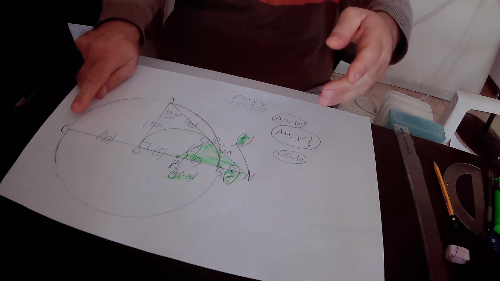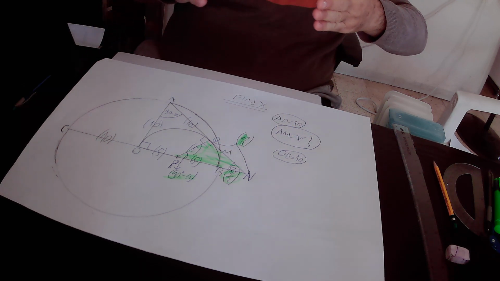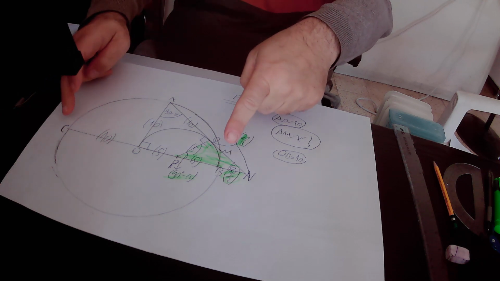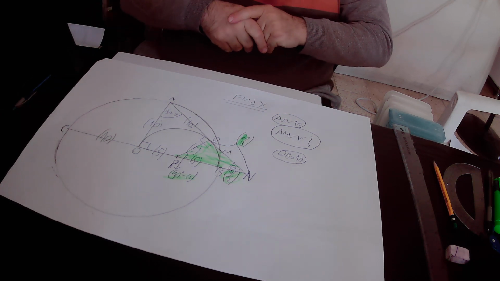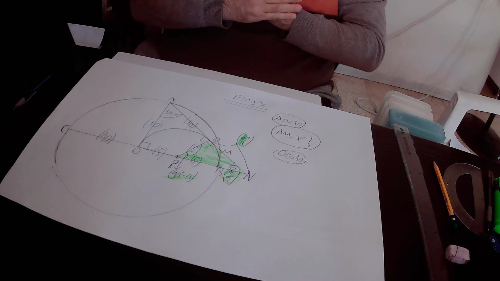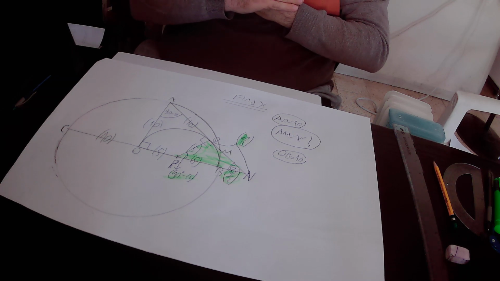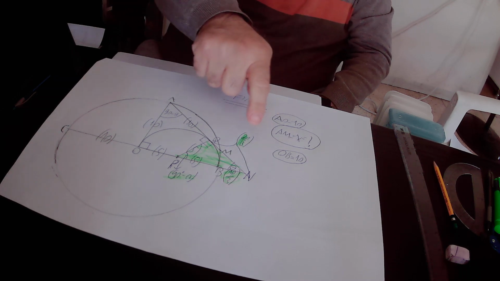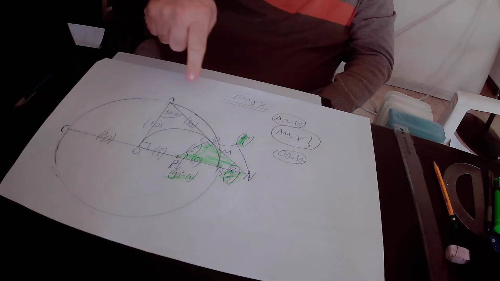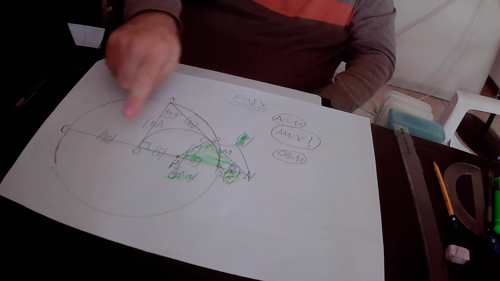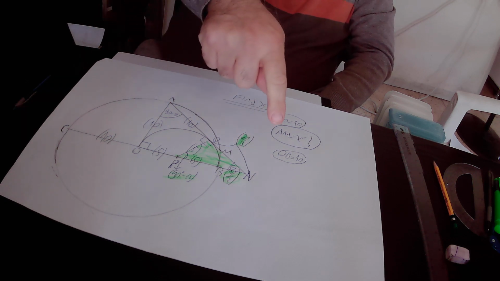So all the requirements of rule number 14 are met, therefore we can implement rule number 14 here. According to rule number 14, NB times NC equals NM times NA. Again, NB times NC equals NM times NA.